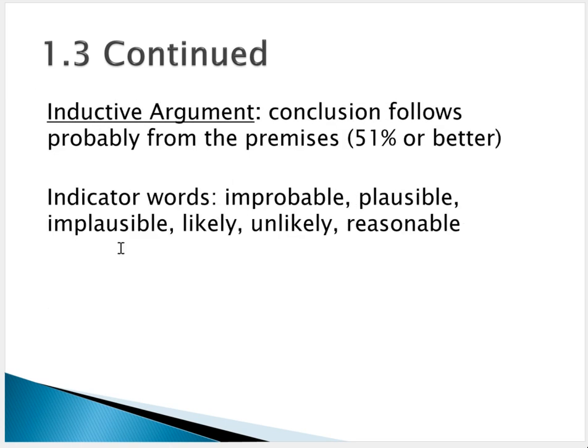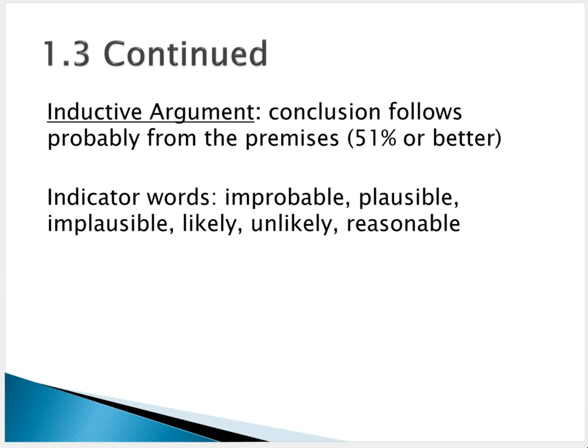An inductive argument, however, is when the conclusion follows from the premises with a 51% chance or better. Its indicator words would be improbable, plausible, implausible, likely, unlikely, reasonable. Those things aren't truths, right?